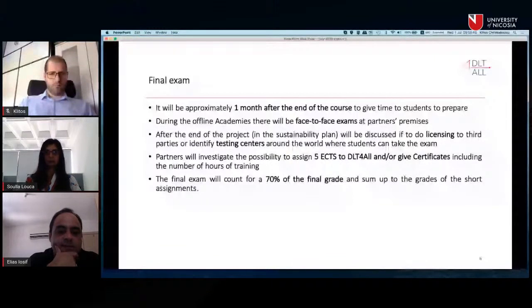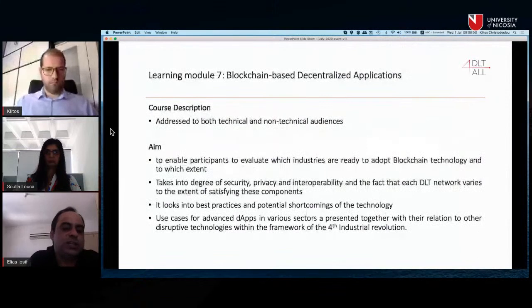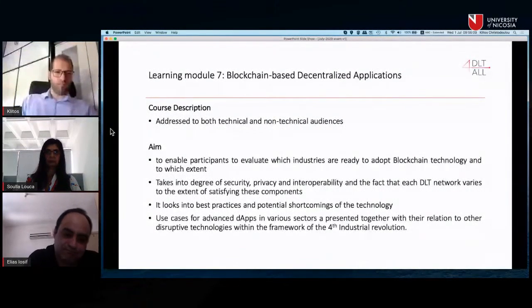And again, we'll take into account the contribution of the final exam, set at 70% of the final grades. And I think that this concludes the logistics of the program in terms of events and exams.